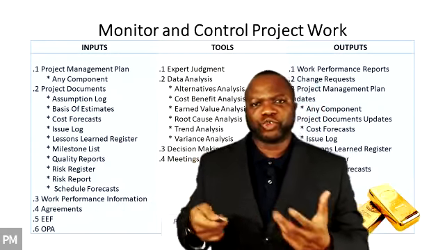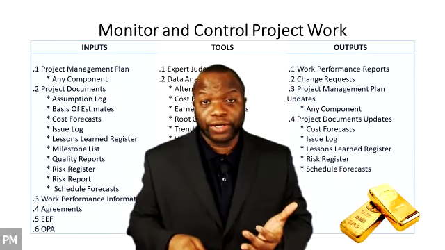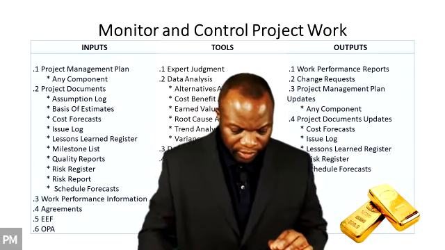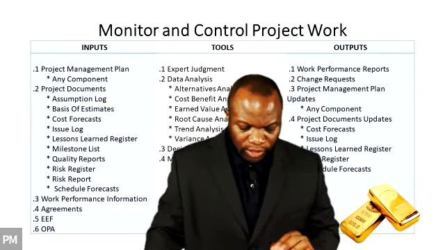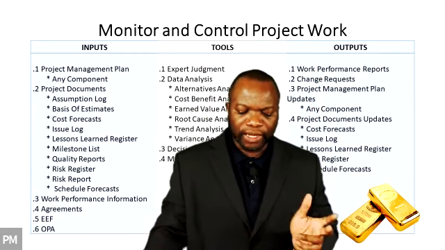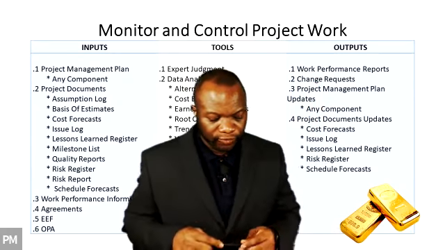You're just looking for trends of performance over time on the project. You could be looking at trends of cost performance, schedule performance, scope performance, or any of those. So what this trend analysis is doing is warning the project manager ahead of time that there could be problems later.